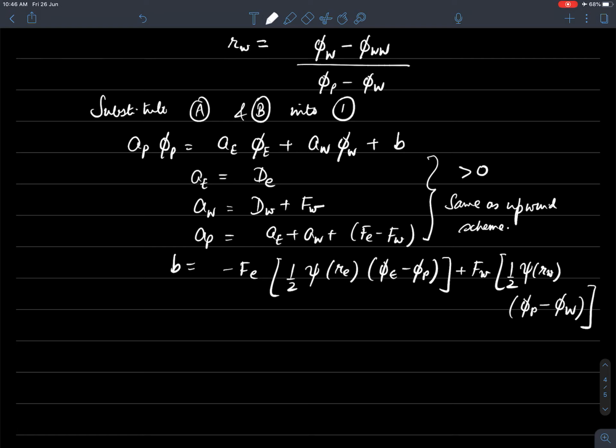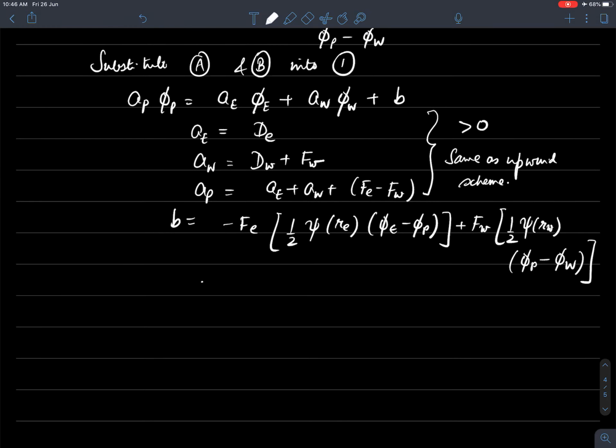The second part is that this B that I've written actually has contributions phi_E, phi_P, which are actually unknowns. So this B is what I call, or what some books also call, deferred correction. By writing the B in this form, we are avoiding negative coefficients in A_E, A_W and A_P, and that avoids the occurrence of instability.